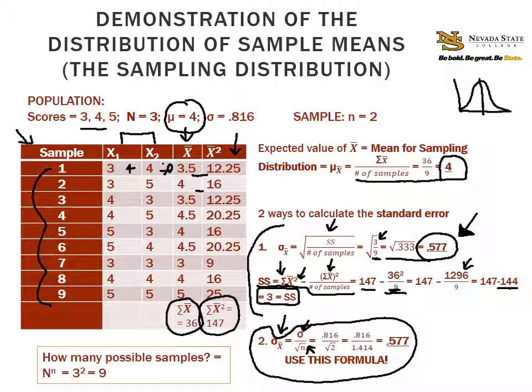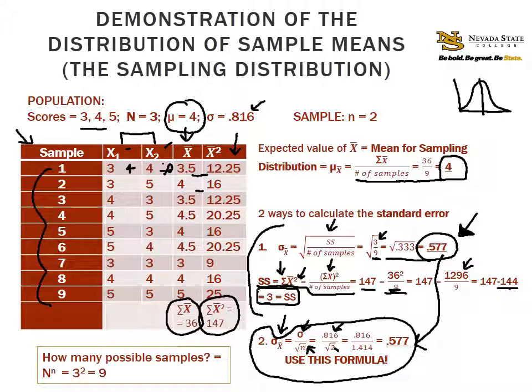So here you will see our population standard deviation is 0.816. That's where this guy comes from down here. And our sample size is 2 scores. So that's why this says square root of 2. Solve for the square root, you end up with 0.816 divided by 1.414, and voila, you get the same standard error that I got using this unbearable formula, especially with larger samples.